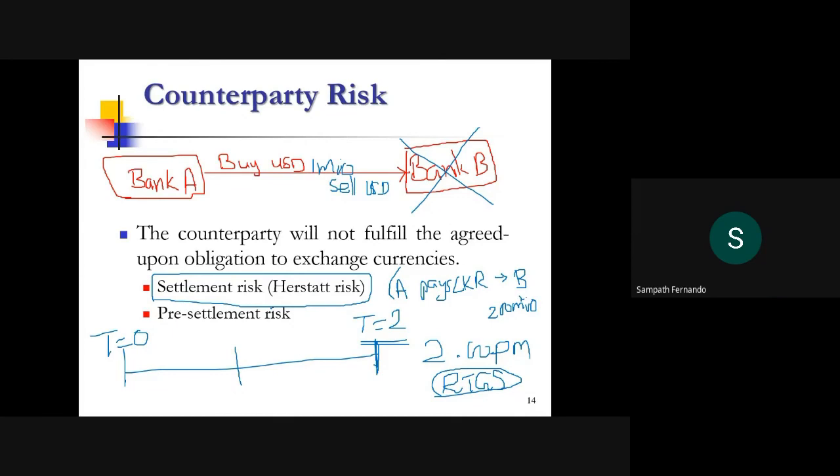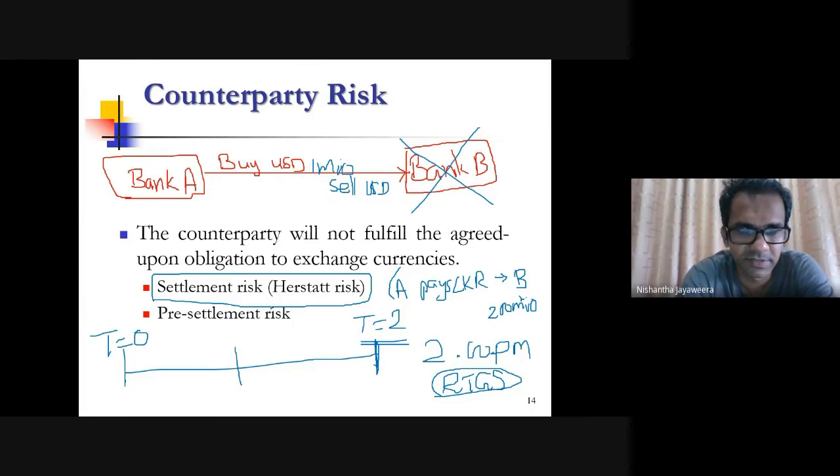Sir, even though we are settling on date T2, we have already instructed our Nostro Bank to do the transfer. Don't they do that? Within those 2 days, you instruct, but they don't execute it unless the value date and the proper timing come. But what happened?